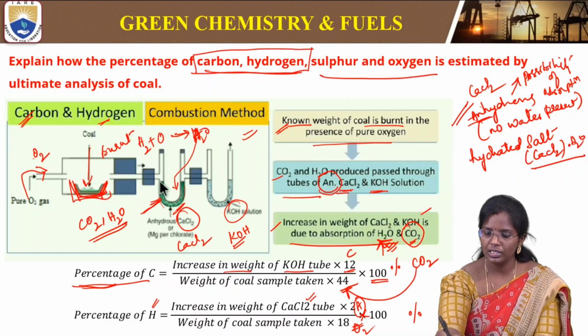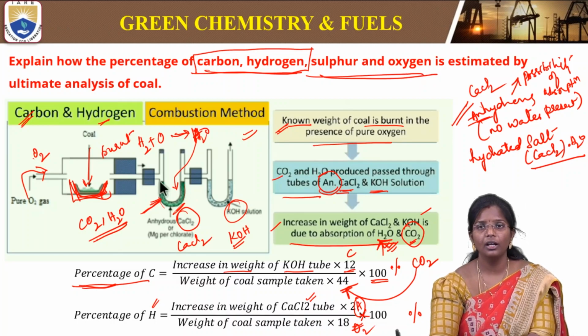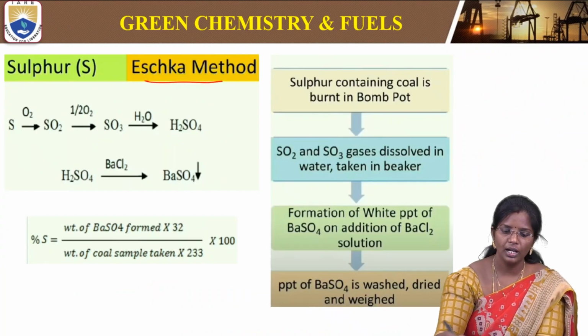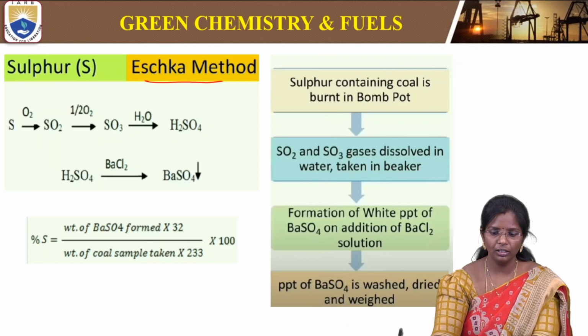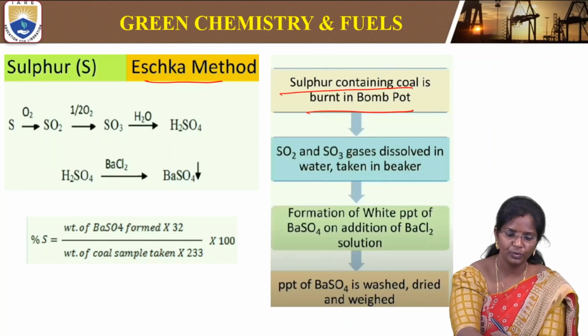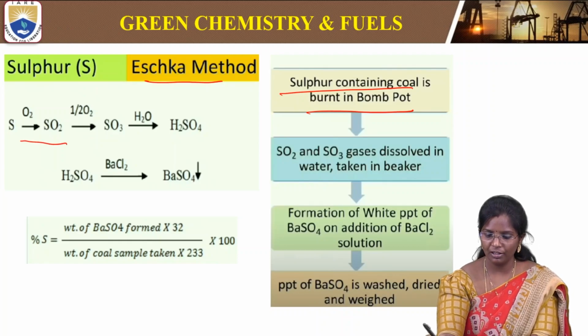Now let us see how the sulfur and oxygen are estimated in coal for the ultimate analysis. This method is used as the ESCA method, wherein the sulfur containing coal is burnt in a bomb pot containing barium sulfate.